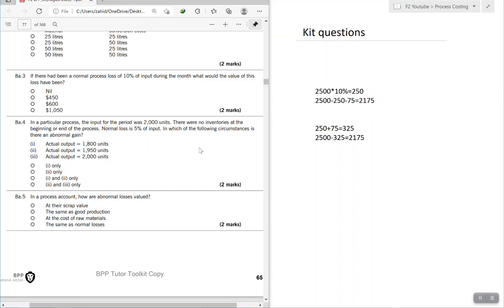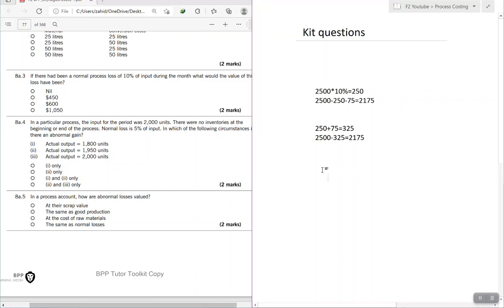In which of the following circumstances is there abnormal gain? In a particular process, the input for the period was 2,000 units. There were no inventories at the beginning or end of the process. Normal loss is 5% of input.